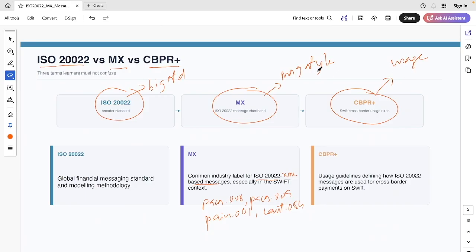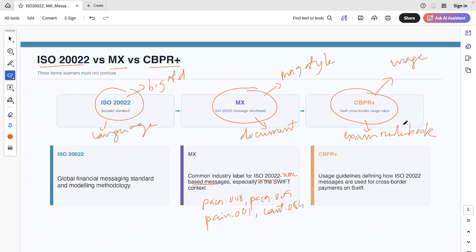If I had to tell it in layman terms, ISO 20022 is your language. MX is your document written in the language of ISO 20022, and CBPR Plus is your exam rule book that says exactly how the answer must be written for a specific purpose.